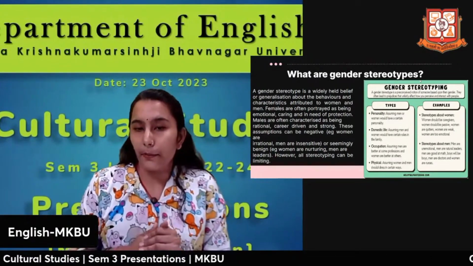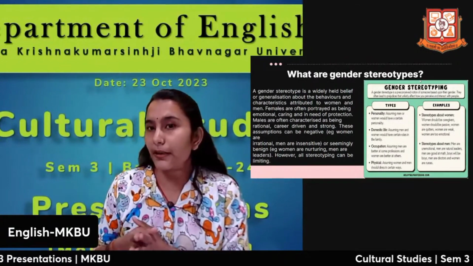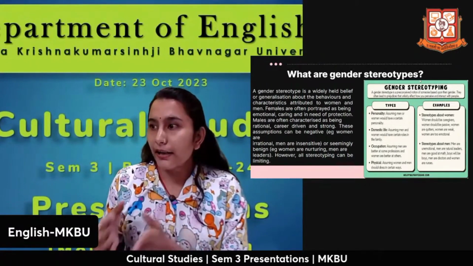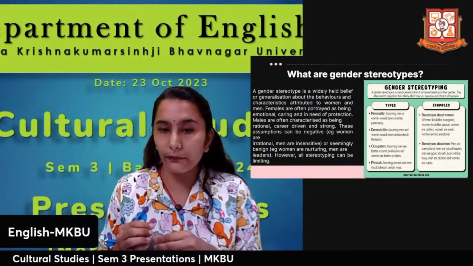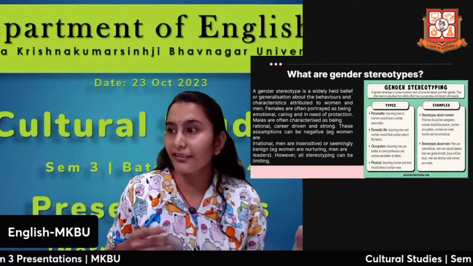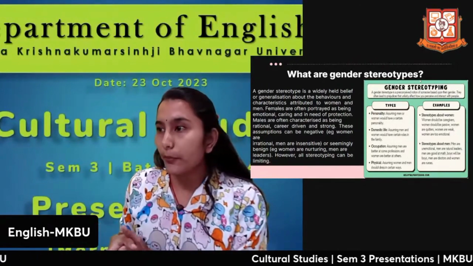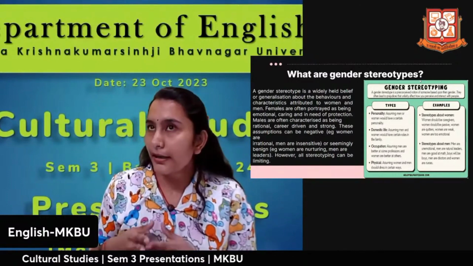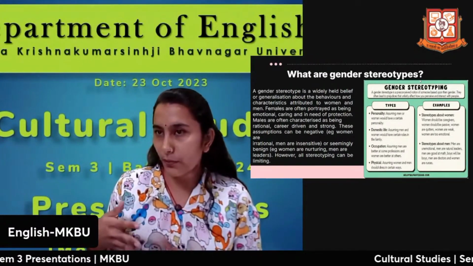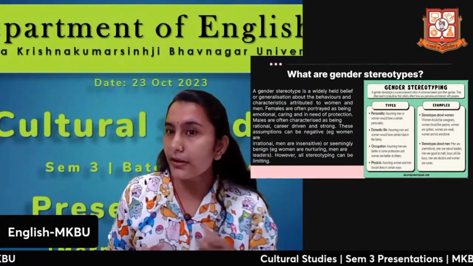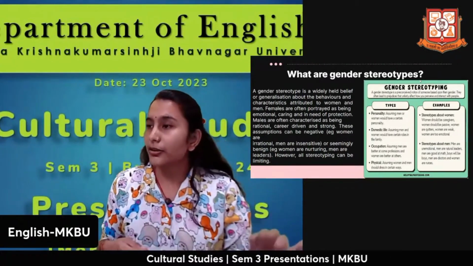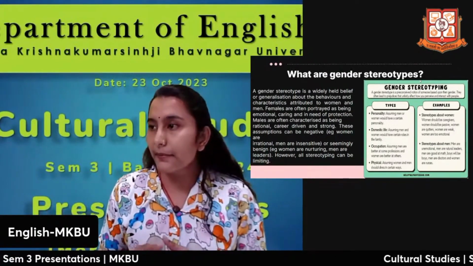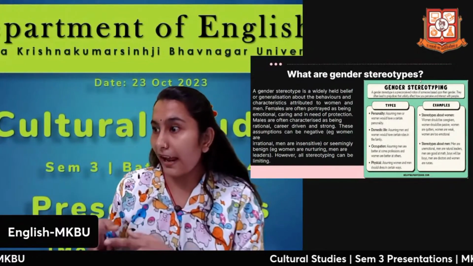We can see so many stereotypes. For example, girls only wear girls' colors, which is pink, and boys' color is blue. Also, so many times when a boy is crying, society tells him, boys don't cry, you are a boy.